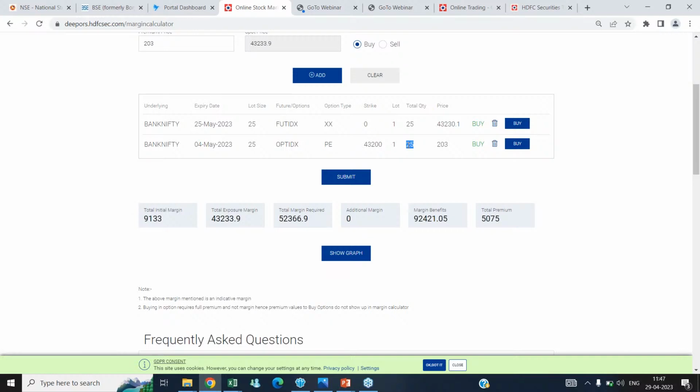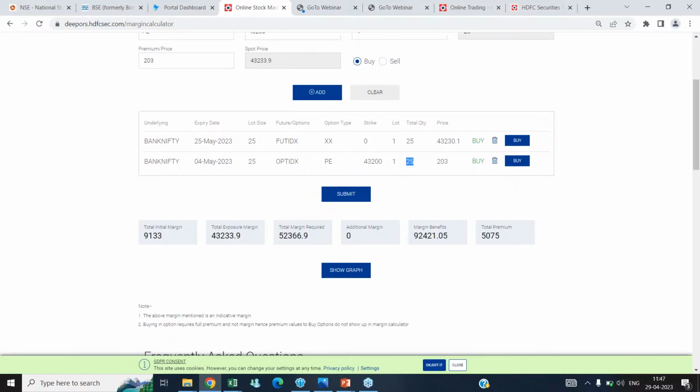And squaring off of options or of any strategy would be to first square off where there is high margin involved, like futures or selling of options. If you have done any selling options, first square off that particular leg, and then square off your buying options to easily square off a leg of your strategy. So I think it's now easier how to calculate margin and how to initiate.